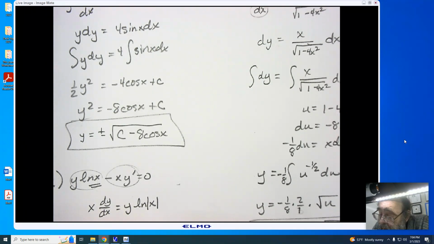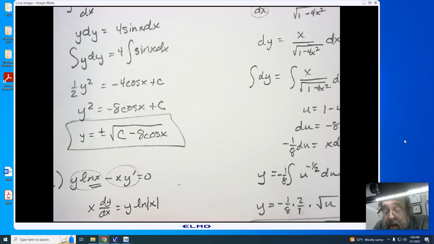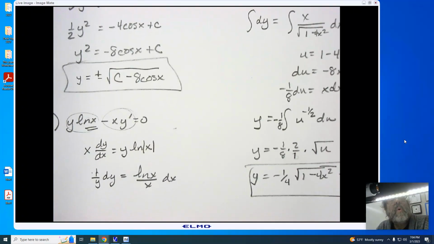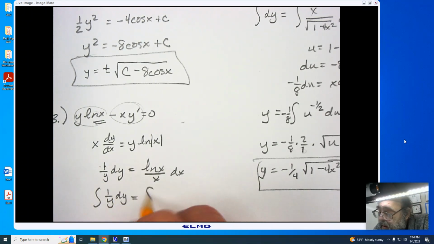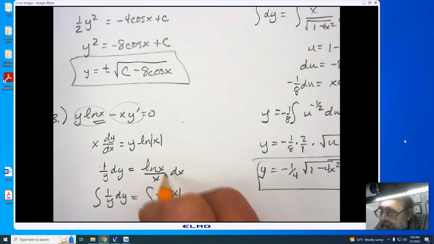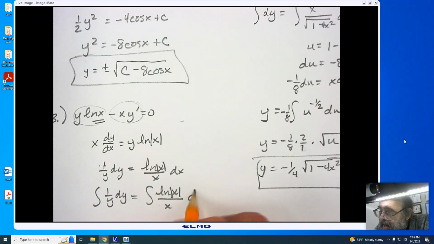So I have 1 over y dy, and I'm looking at the natural log of x, and I'm going to have an x in the denominator and a dx. So this is what we're working with. I'm going to integrate 1 over y dy. I'm going to integrate the natural log of x over x, once again with the absolute value in there, dx.